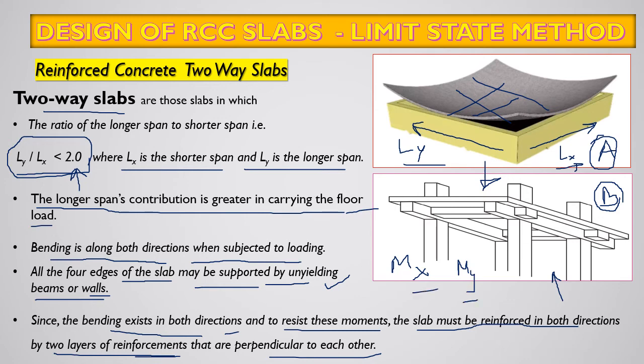Accordingly, to resist these bending moments, we have to design the reinforcement. So in both directions we are providing main reinforcement, along the x-axis as well as along the y-axis, or in other words, along the longer span as well as along the shorter span.